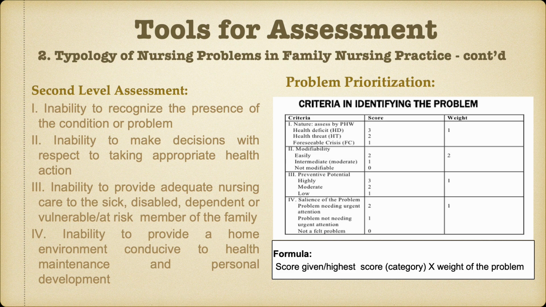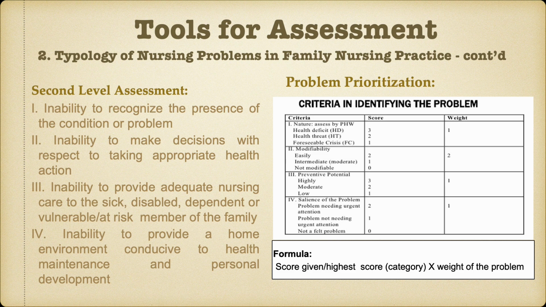As seen in the table under problem prioritization, we have the criteria in identifying the problem. First of all, we have the nature of the problem, which will be assessed by the public health worker. Under nature of problem, we have health deficit, health threat, and foreseeable crisis.